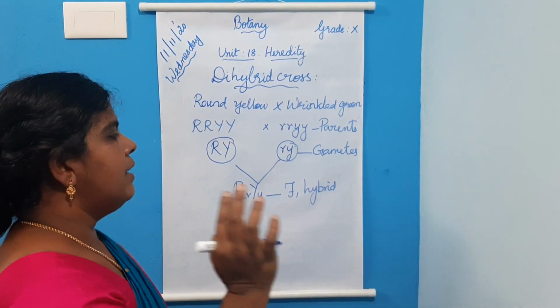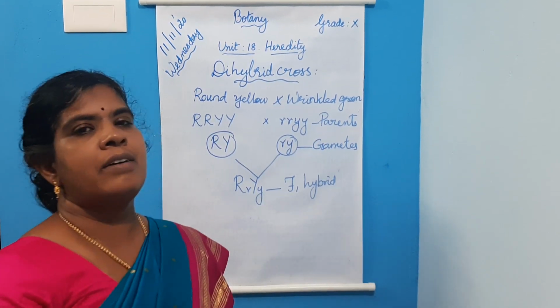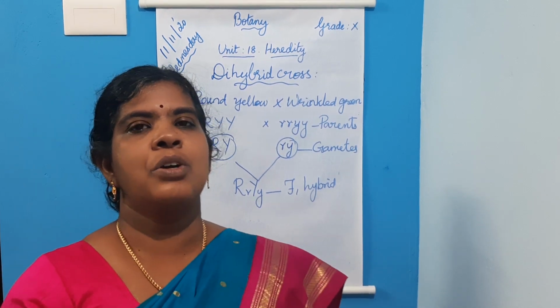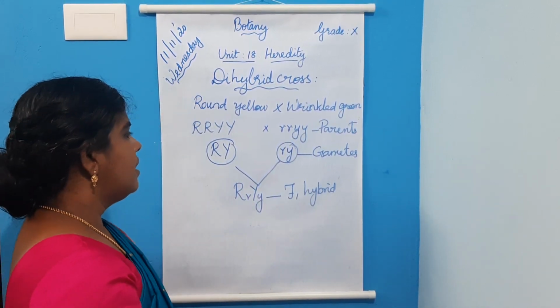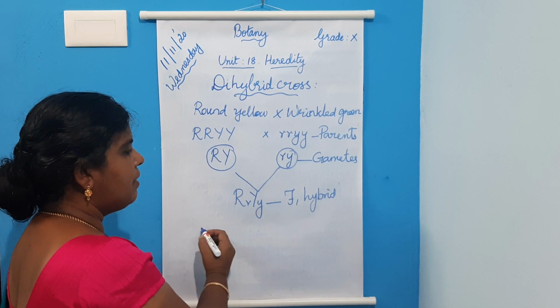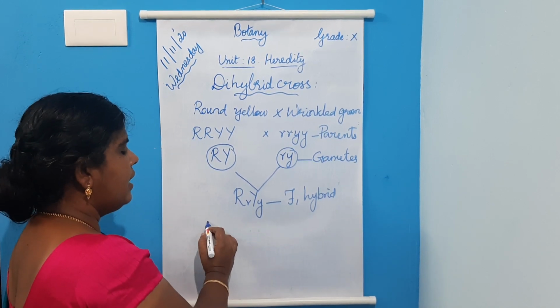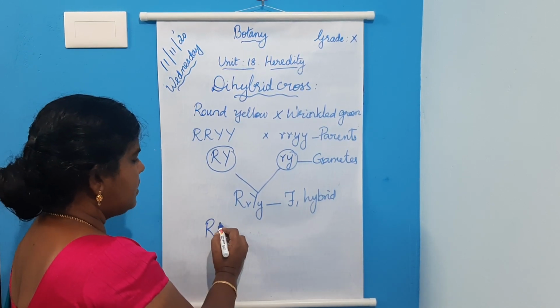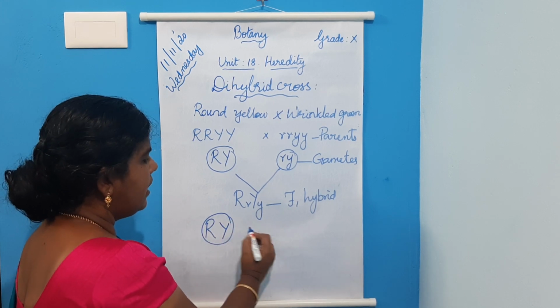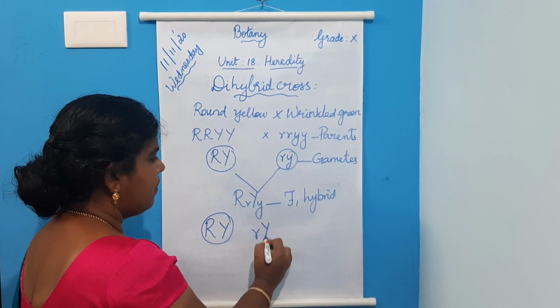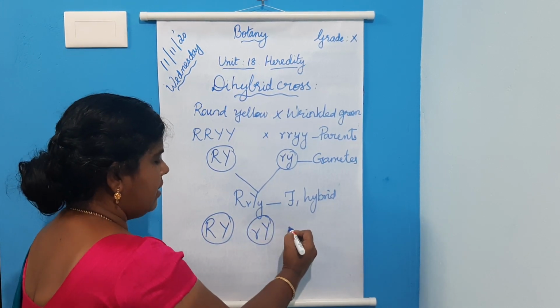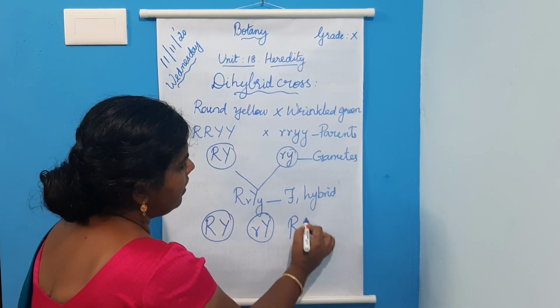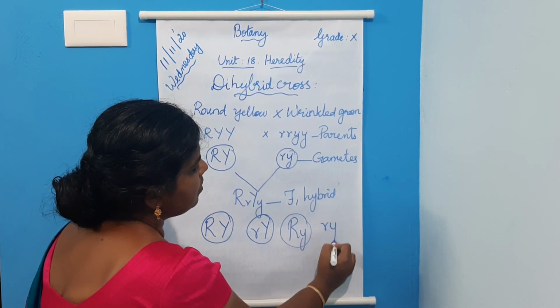In the F2 generation, or second generation, you have to write the hybrids like this. From this hybrid we have to write the gametes: capital R, capital Y; then small r, capital Y; then capital R, small y; small r, small y.